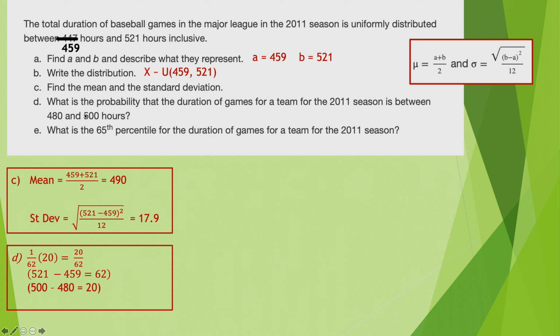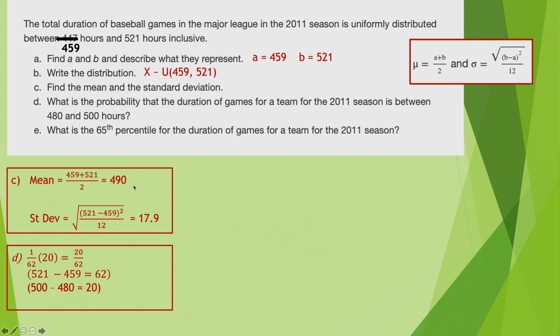Letter D says what's the probability that the duration of the game is between 480 and 500 hours. Well, look, each hour is 1/62nd likely because there are 62 different values between 459 and 521.